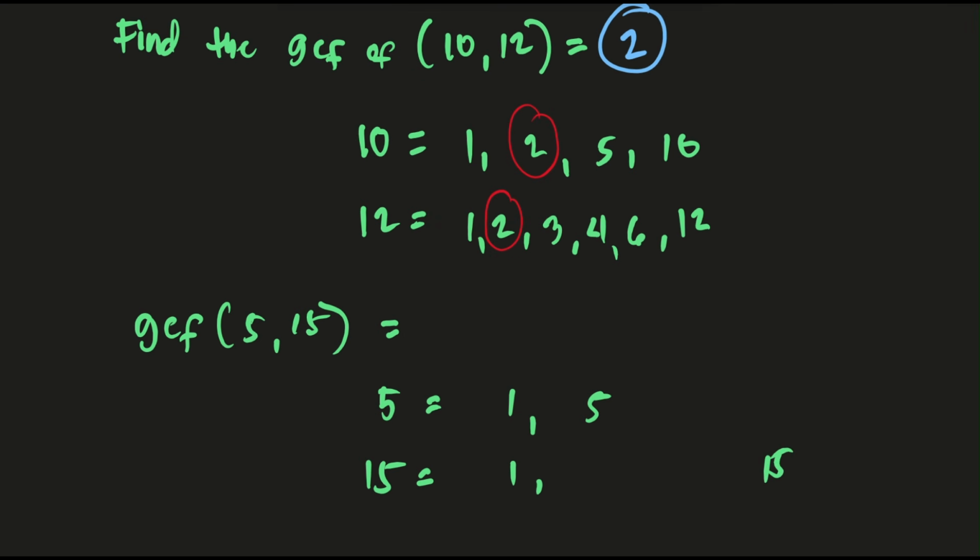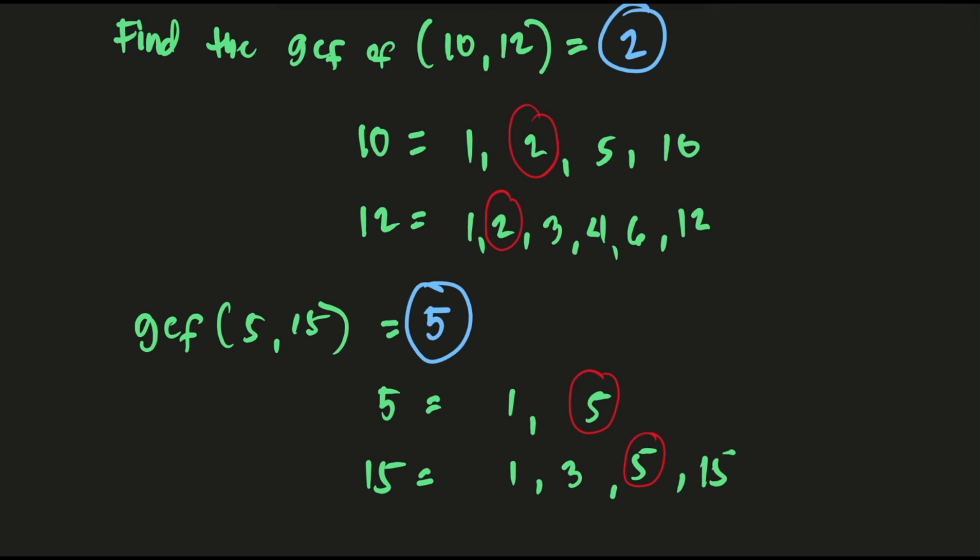We also have 3 and 5, that would be the factors of 15. Now, the GCF of 5 and 15 is the largest common factor between the two. So that would be 5, right? Therefore, the GCF of 5 and 15, that would be 5.